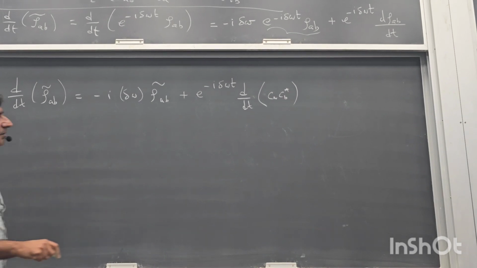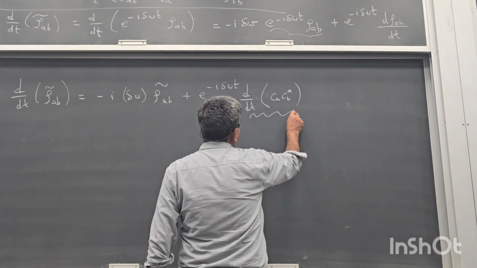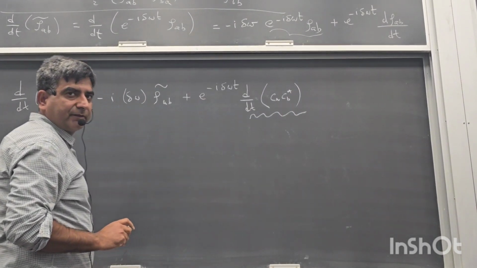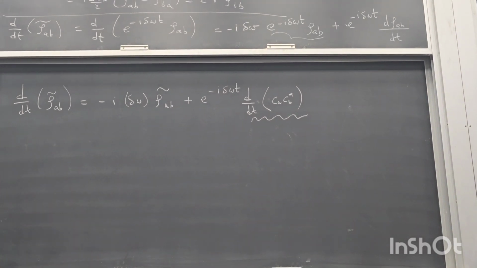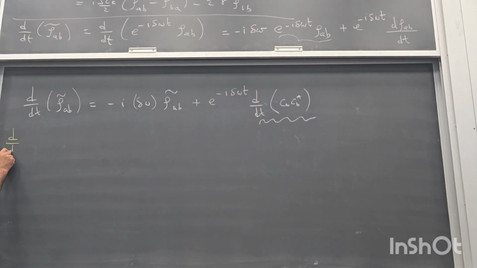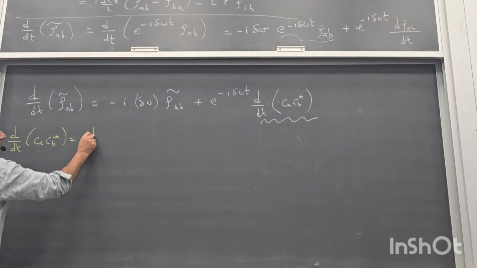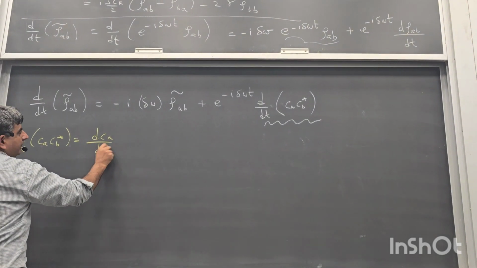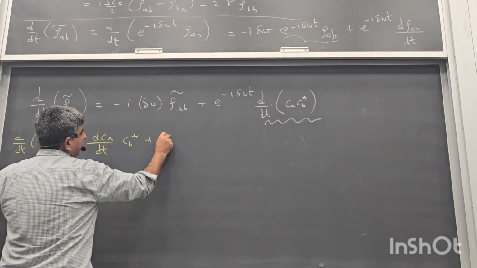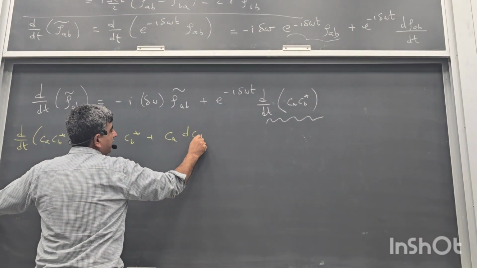Now this thing has to be determined. So let's determine this in another step. d by dt of CA CB star is the derivative of CA times CB star plus CA times the derivative of CB star.